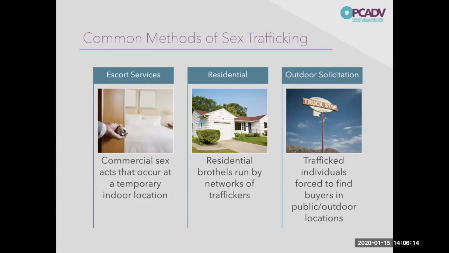So this tends to be a bit more insular, but this is absolutely something that we see very frequently within organized crime, gang-related activity, where there's a house that maybe several people are living in at one time and providing commercial sex, either for other members of that organized crime organization, or through invitation by somebody in that network of traffickers. So this isn't something that you would typically see through online dating services and things like that, which typically is where escort services will advertise.